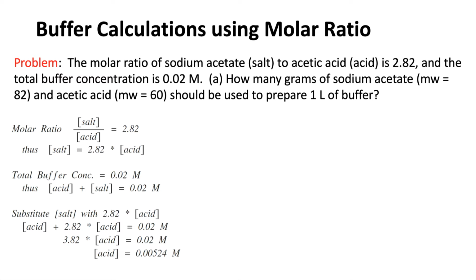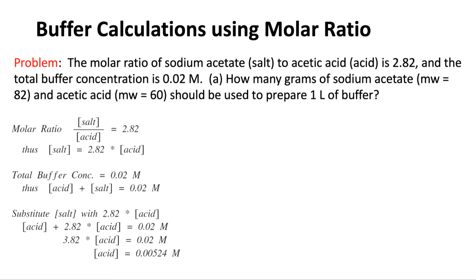Adding that together, acid plus 2.82 acid gives you 3.82 times the acid concentration, still equal to 0.02 molar. Now divide both sides by 3.82, and you find that the acid concentration by itself is 0.02 divided by 3.82, which numerically results in 0.00524 molar. Phew. We have determined the concentration of acid we will need.